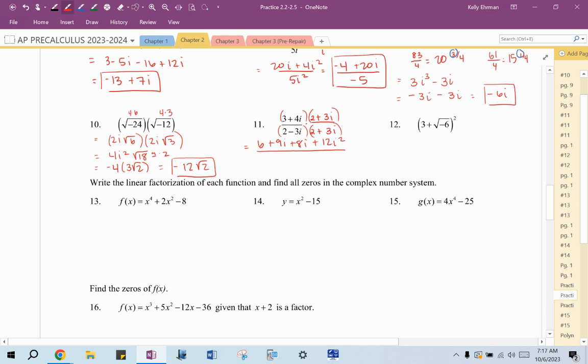In the denominator, 2 times 2 is 4. Negative 3i times 3i is minus 9i squared. 6 minus 12 is negative 6. 9 plus 8 is 17i. 4 plus 9 is 13.